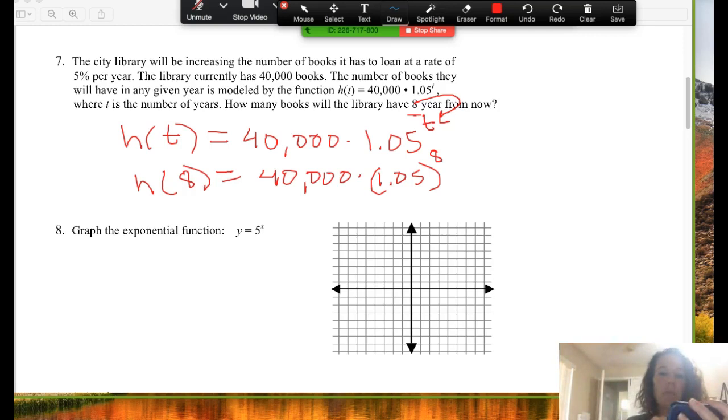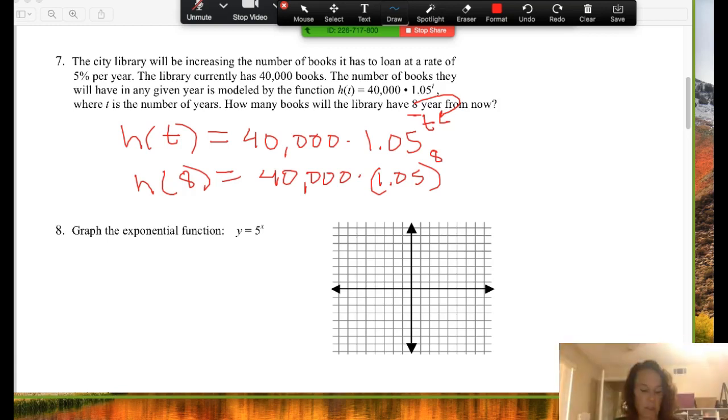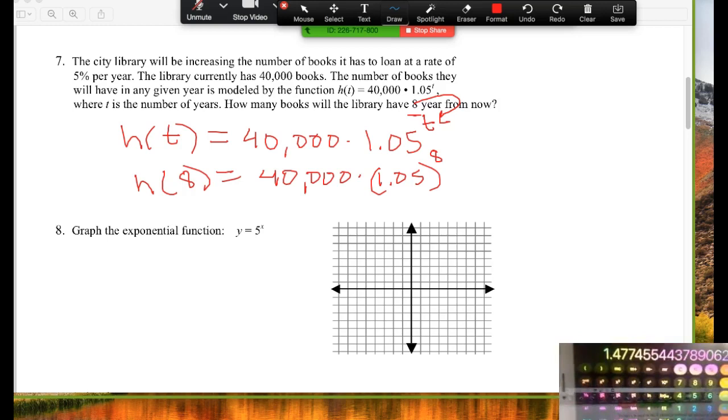So you could type in 1.05, and then you do X to the Y, and then take that to the 8th power. And that would give you your amount that you're going to multiply. Or if you have one of these, I would just go 1.05 and take it to the 8th power. And I would get 1.477. And it's the same on my phone calculator, okay?